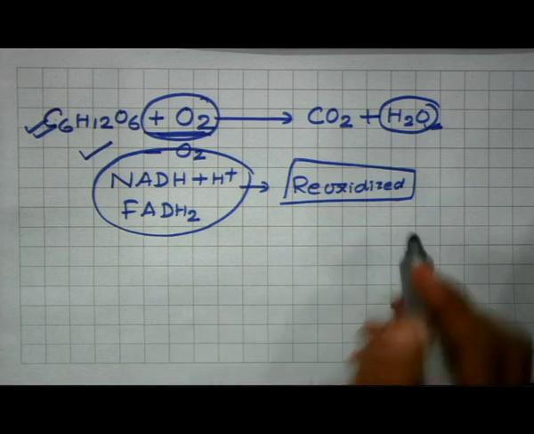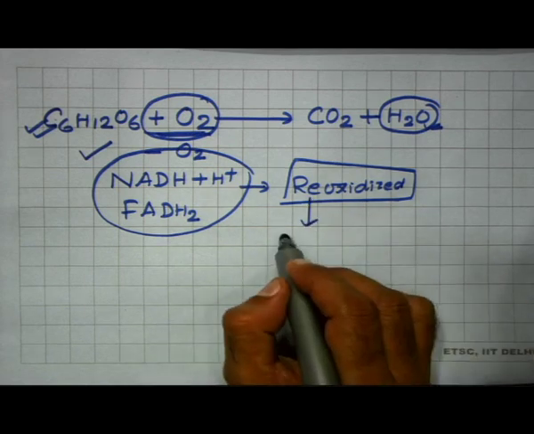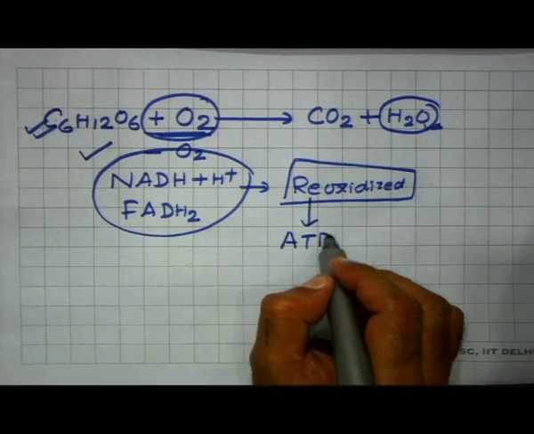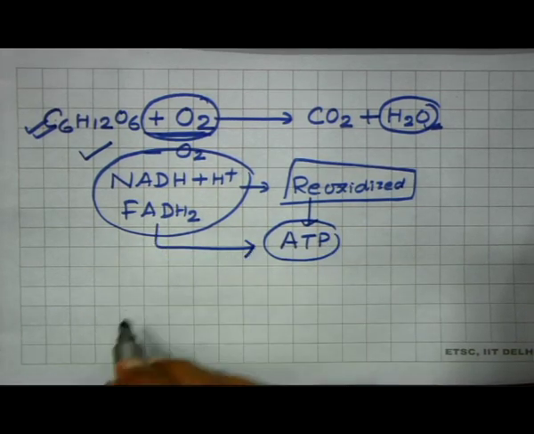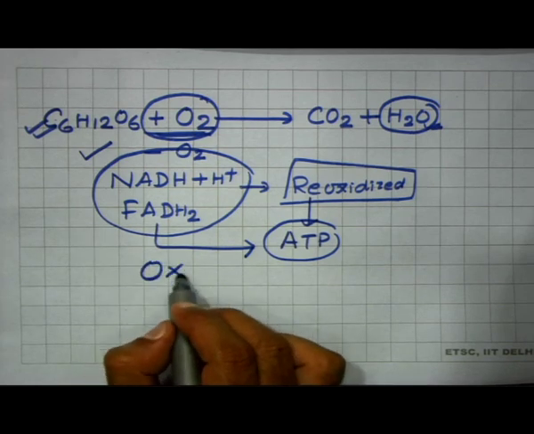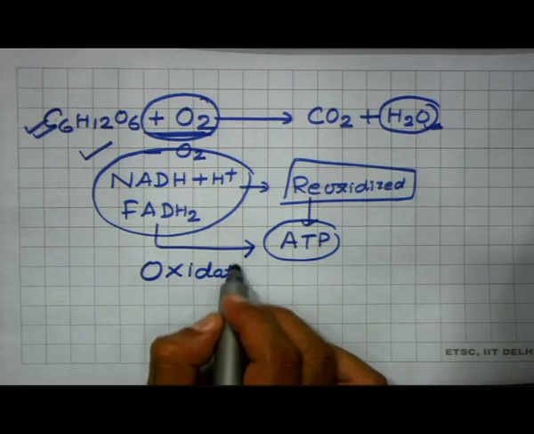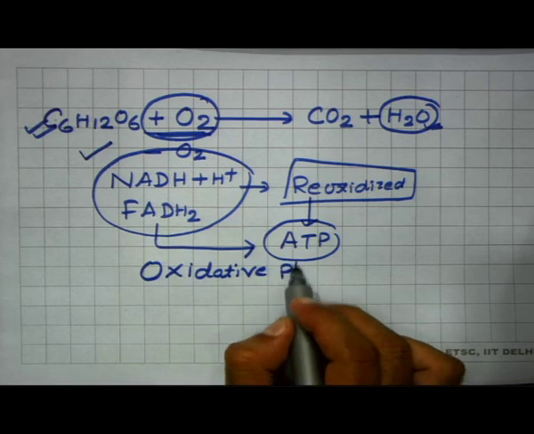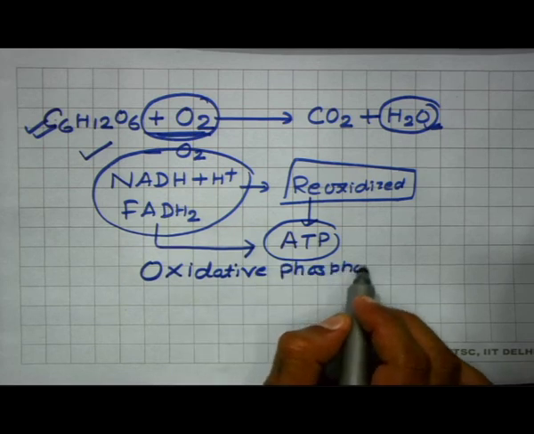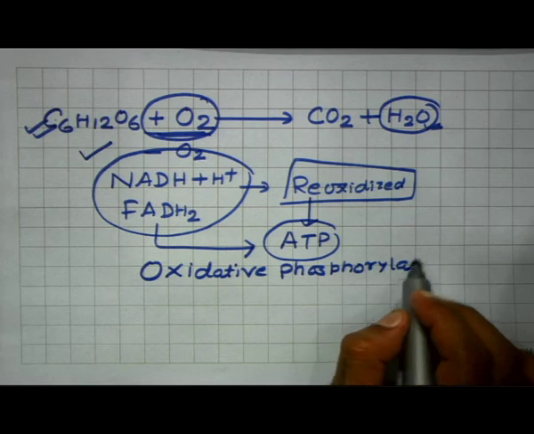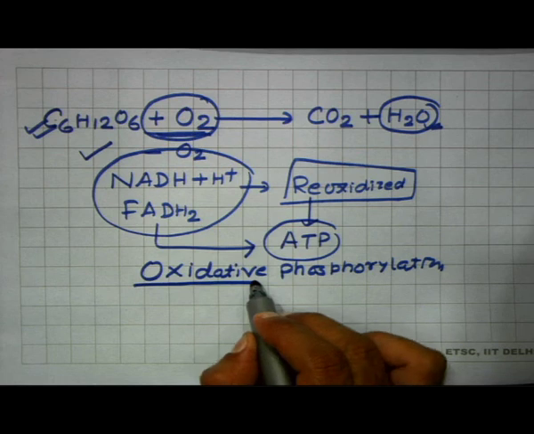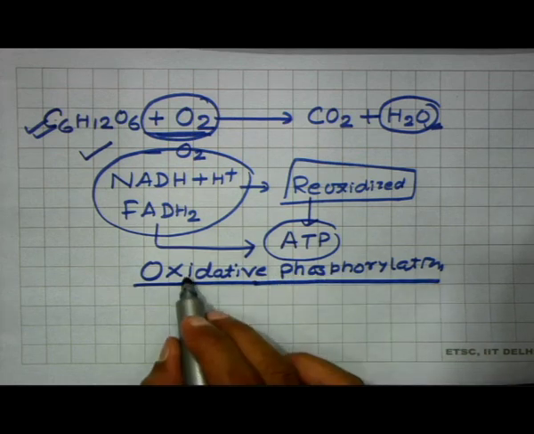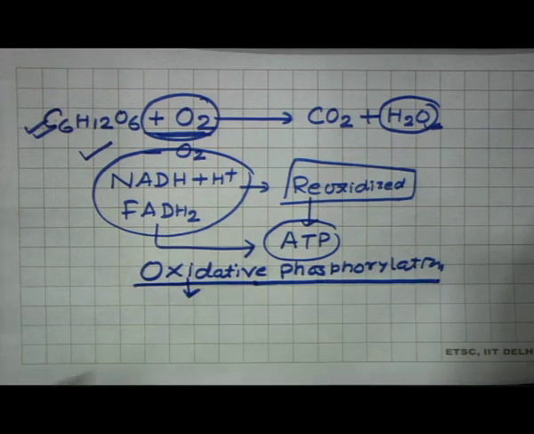After the reoxidation, this results in the formation of ATP. Here the reduced coenzyme is converted into ATP. So, this type of phosphorylation is called oxidative phosphorylation. We link this oxidative phosphorylation as the next step of aerobic respiration. It is also called terminal oxidation.